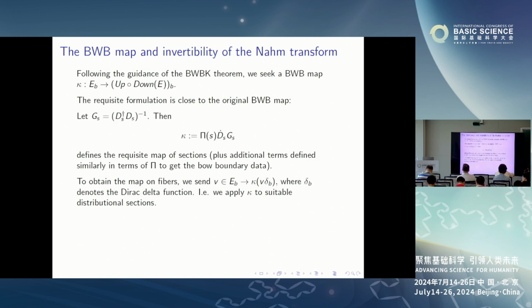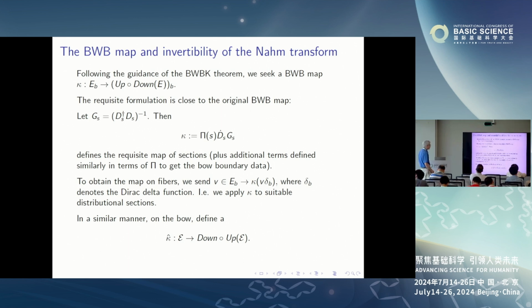That's not a problem, remember, because the projection operator is smoothing, so it's fine applying a smoothing operator to a distributional section.